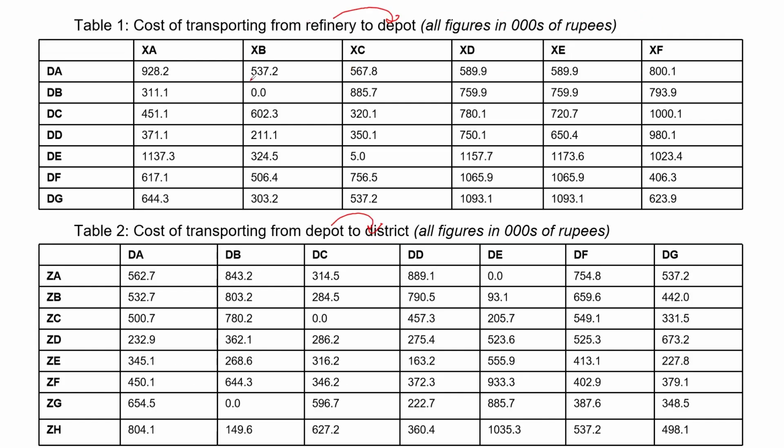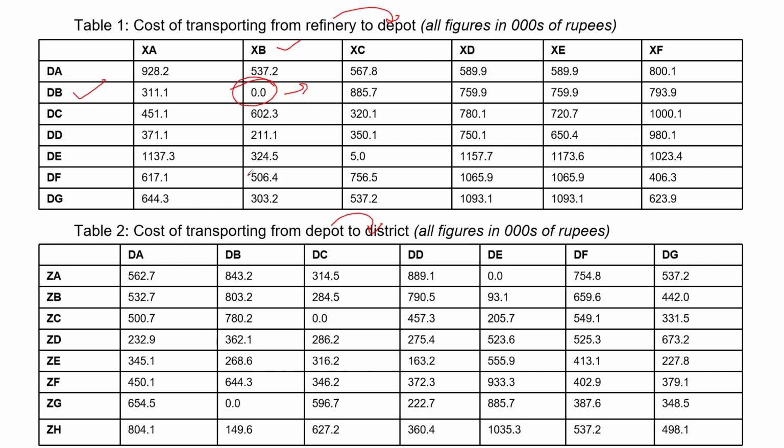So in the first table I will look for the minimum value, and if you look carefully, it is 0. That is from refinery XB to depot DB, which is 0 rupees.